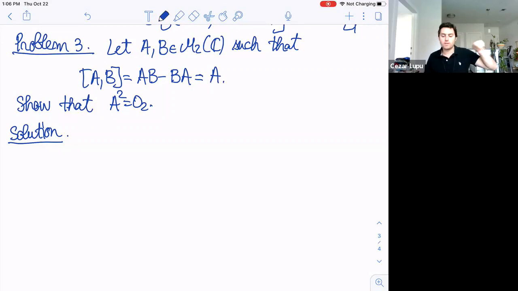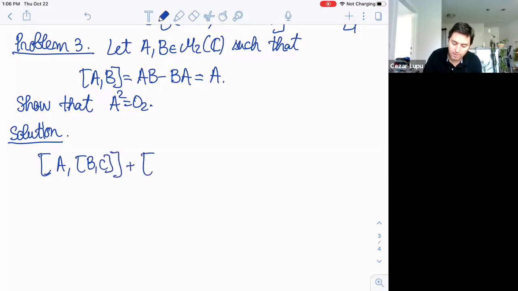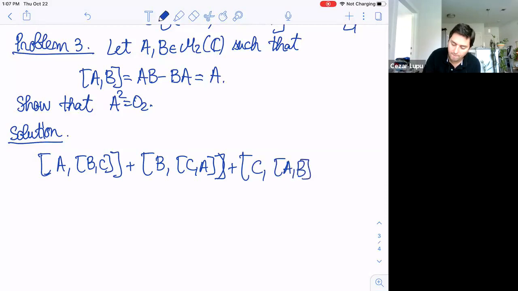I could say that this holds true: the bracket [A, [B, C]] plus the bracket [B, [C, A]] plus the bracket [C, [A, B]], something like this, is 0. Something like this holds true.